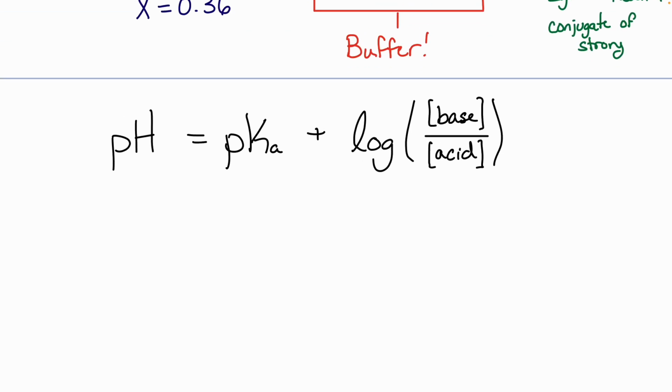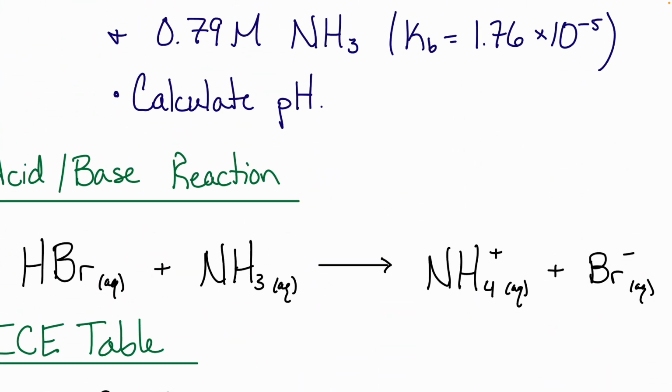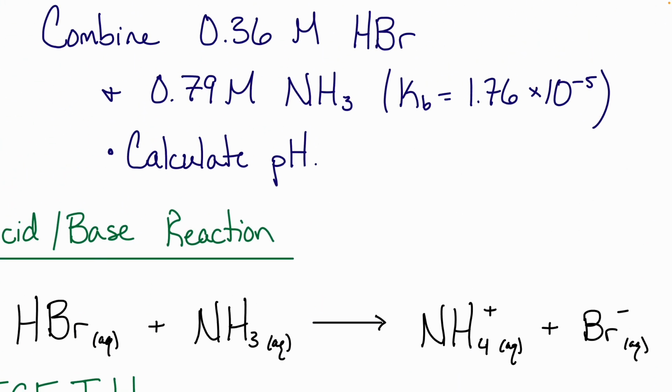Okay, but I have a problem here. All right, what's my problem? It's a base, so I don't have a Ka, I have a Kb. That's what we looked up on our table here, the Kb of ammonia. All right, but remember we discussed this relationship between the Ka of a weak acid and the Kb of its conjugate base, or vice versa.